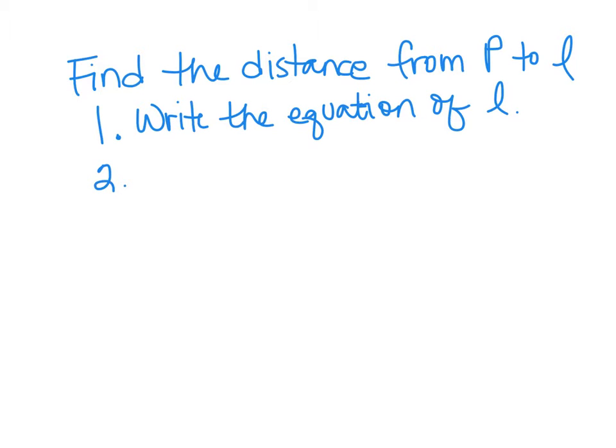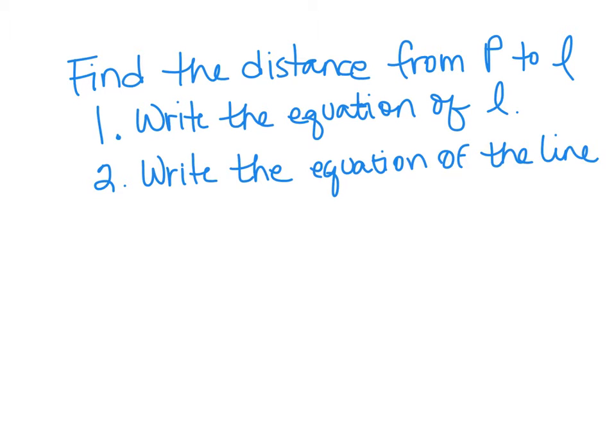Then you're going to write the line perpendicular to line L through point P. So then we're going to write the equation of the line perpendicular to L through point P. So once we know what the slope is of L, we take the perpendicular, which is the opposite reciprocal. Then we're going to use P, point slope form, and figure out that equation.